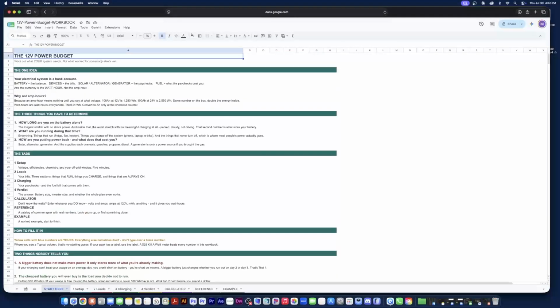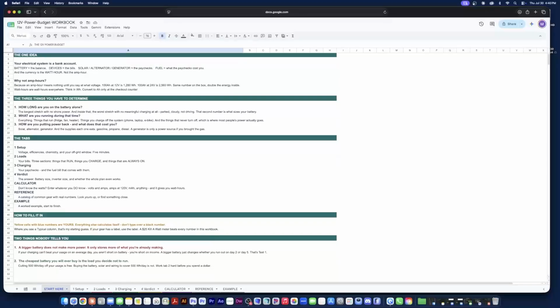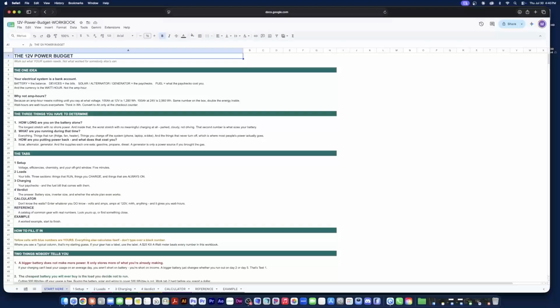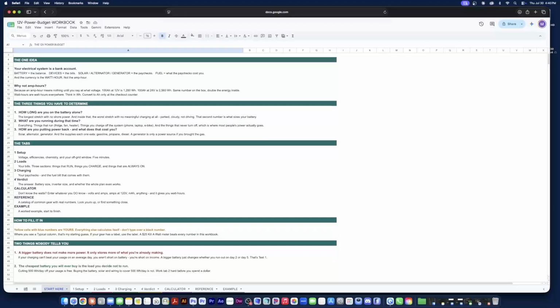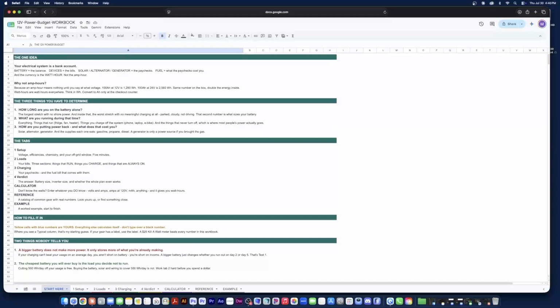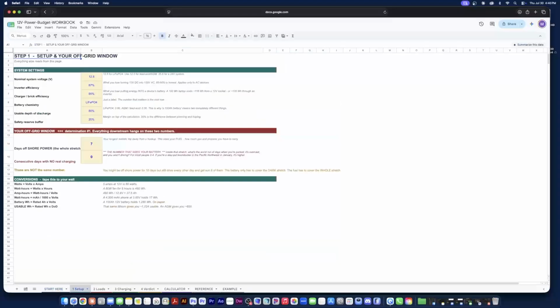Reading through this gives you a good idea of what the tool is going to help you do, and some of the questions to think about before you even start getting into the tool much. And that's really all you've got: the questions you need to determine, all of the things you need to think about, and some of the things you need to know as far as considerations when it comes to battery bank.